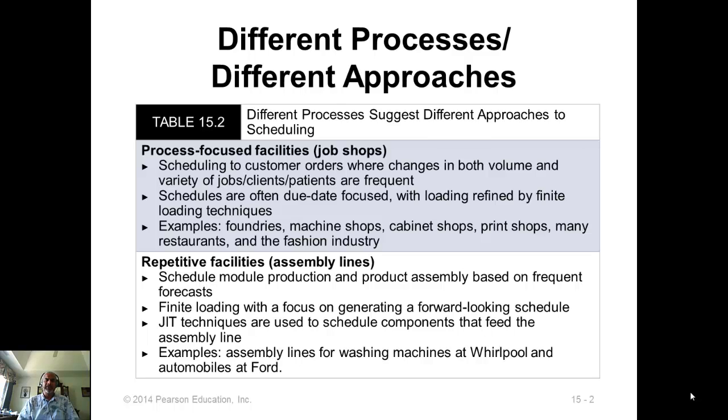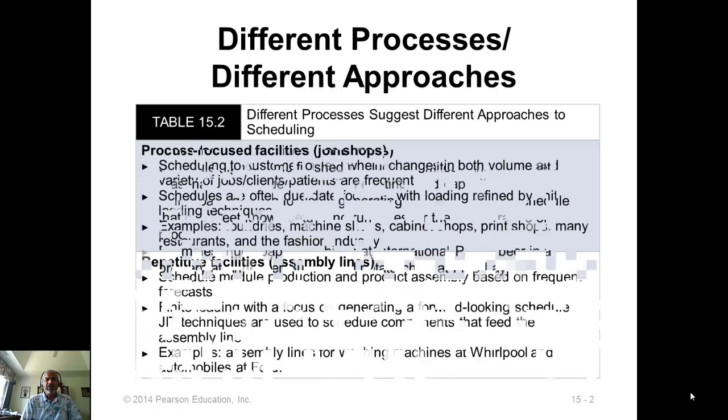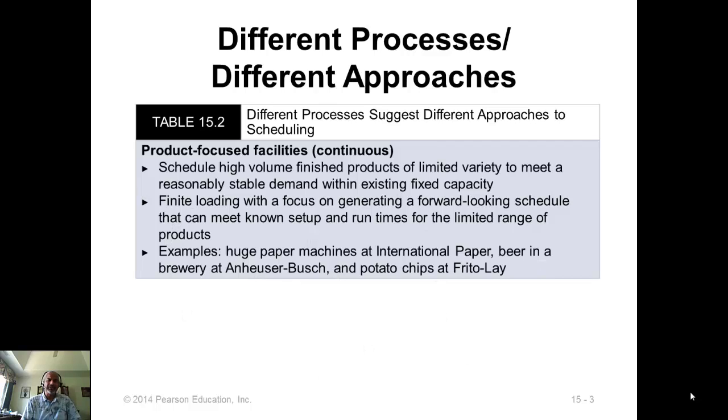And typically just-in-time type of techniques are used in this kind of environment, where when there is a need, the production of the components is initiated. When there is no need, you don't produce those parts. Now the third category is continuous production, where in this environment we have a very limited variety of products and huge volume.